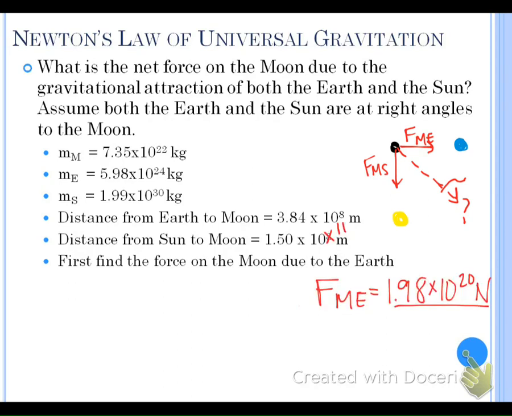Okay, so now we're going to find the force on the moon due to the sun. G times the mass of the sun times the mass of the moon over R squared.